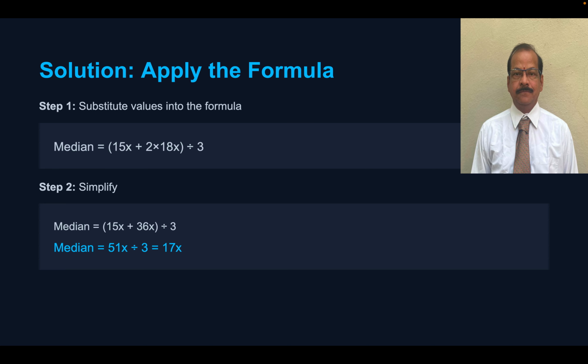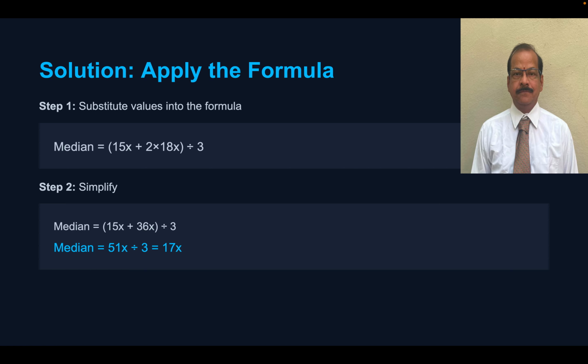So, 15x plus 2 into 18x divided by 3. So, what you get? Median equal to 15x plus 36x divided by 3, which is 51x divided by 3, which is 17x. So, median finally we get as 17x.